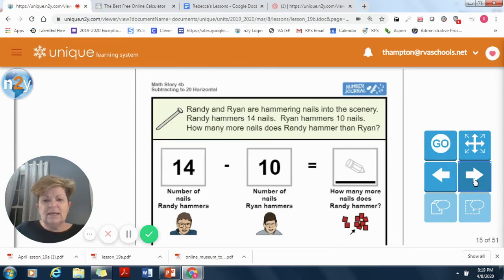14 minus 10. 14 minus 10. What's the first thing we're going to do? We have a horizontal problem. We have to turn it vertical. Yes, very good. We're going to draw our T mark to help us line up our numbers.